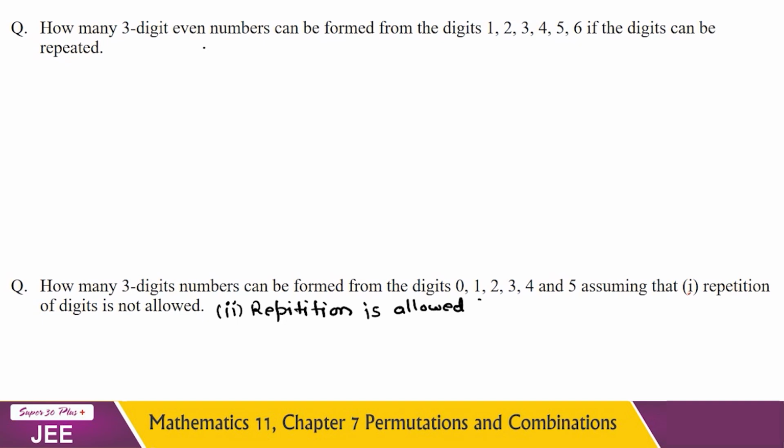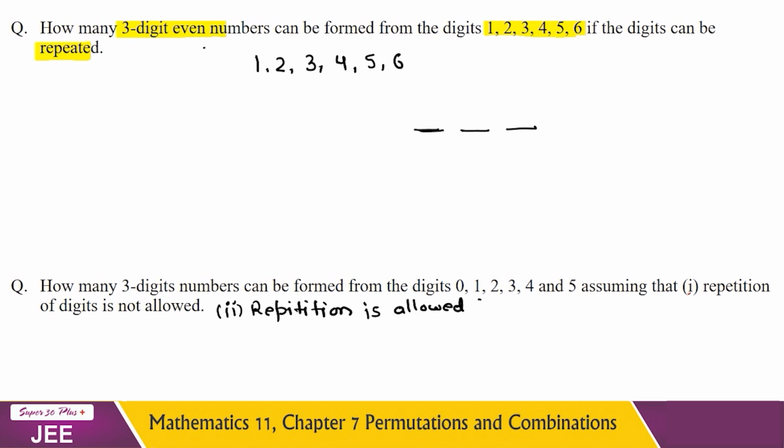So the first question says, how many 3-digit even numbers can be formed from the digits 1, 2, 3, 4, 5, 6 if the digits can be repeated? Alright, so the question says that we have 6 digits 1, 2, 3, 4, 5 and 6, and out of these 6 numbers I have to form a 3-digit number.